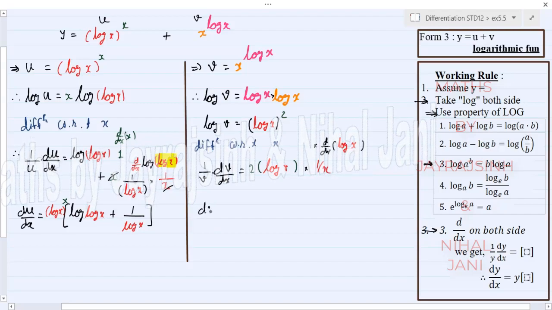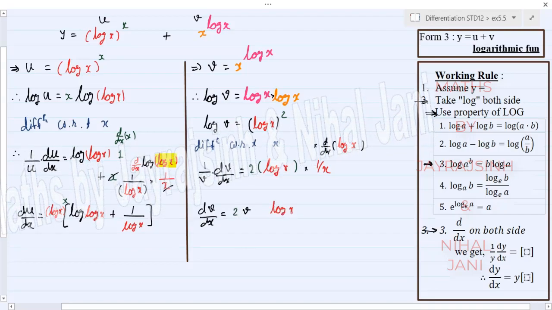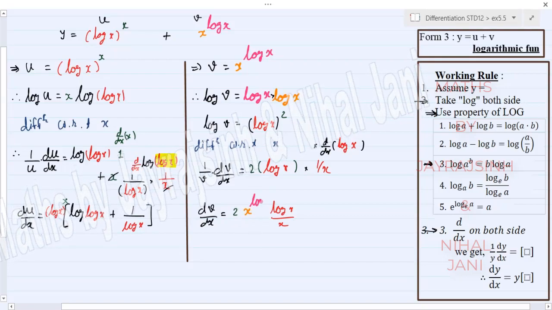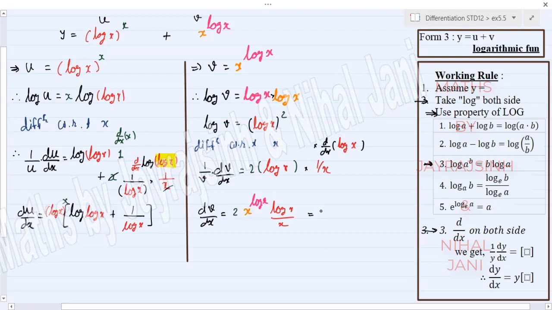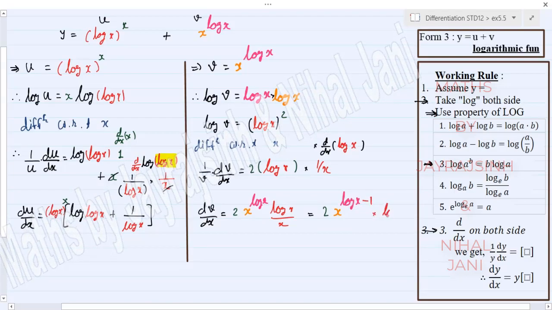So simply we get dv by dx is equal to 2 times v into log x upon x, or if we substitute the value of v, we will get x raised to log x. So finally we can say your dv by dx is 2 times x raised to log x minus 1 into log x.